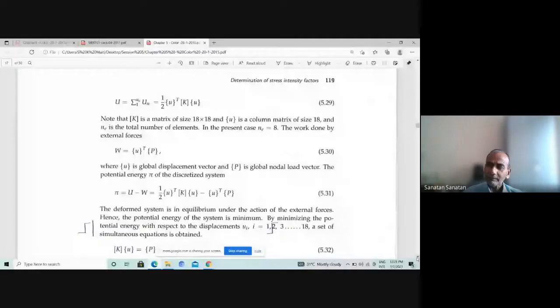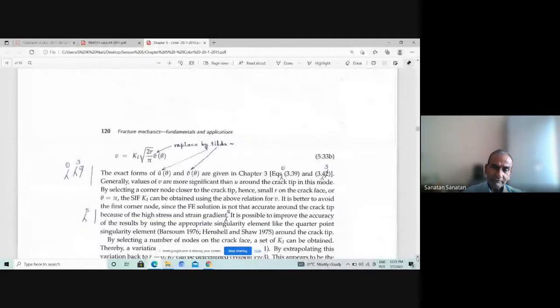So varieties of methods are there, and I would just like to talk about that: how do you go about evaluating the SIF based on the results of finite element analysis? The displacement method is quite straightforward.